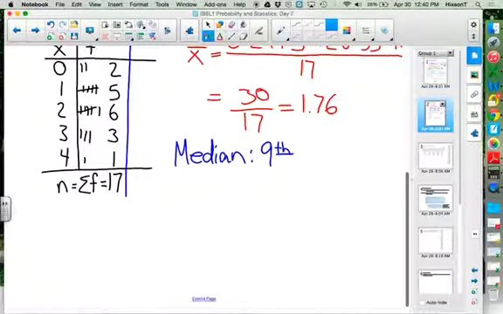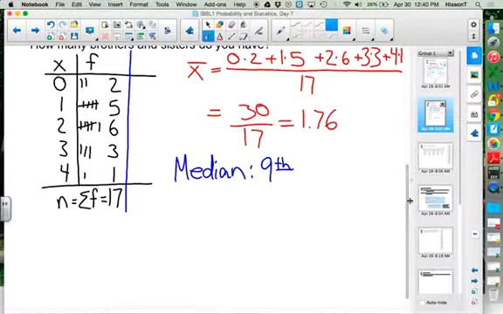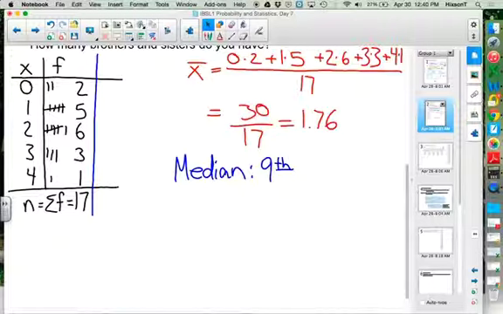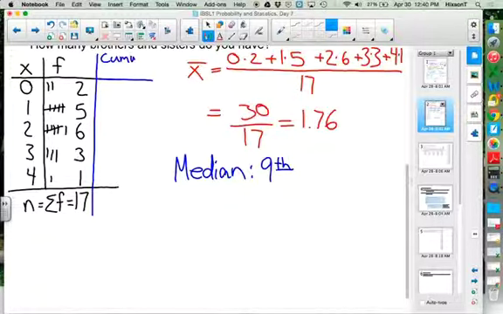Now, to find that, here's another thing that we want to look at. I'm going to add to our table of information here another column, and we're going to call this cumulative frequency. Okay? And what that means is that we're going to put how many scores are at that level or lower.